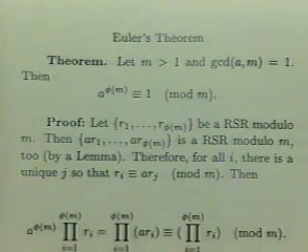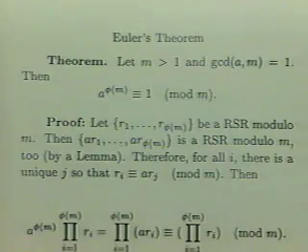Okay, then the Euler phi function is the number of numbers between 1 and m which are relatively prime to m. In case m is prime, phi of m is just p minus 1. Okay.